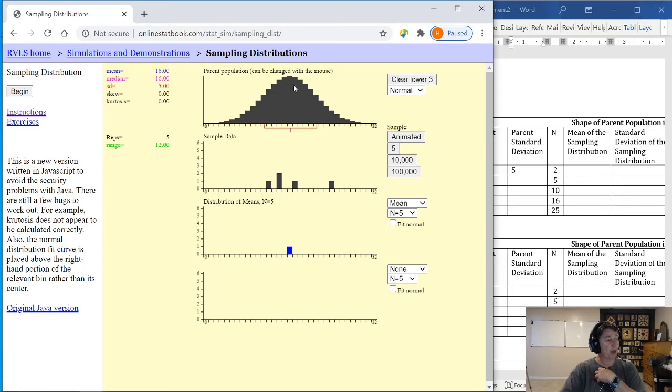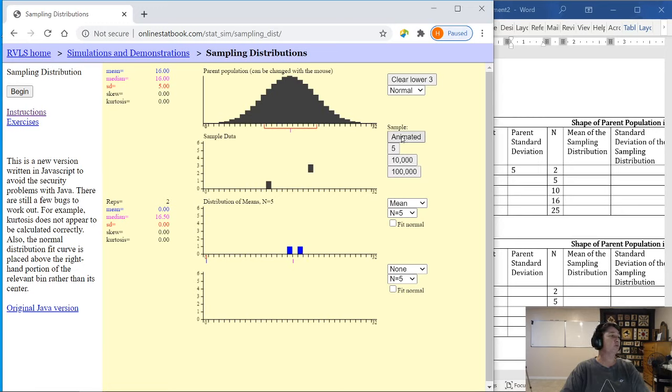From this parent population, I'm going to pick 5 of them at random: 1, 2, 3, 4, 5. Then I drop it down, find the mean of those 5, and drop it down into a new distribution. So this is a mean of my sample data. This is a mean of my sample data.